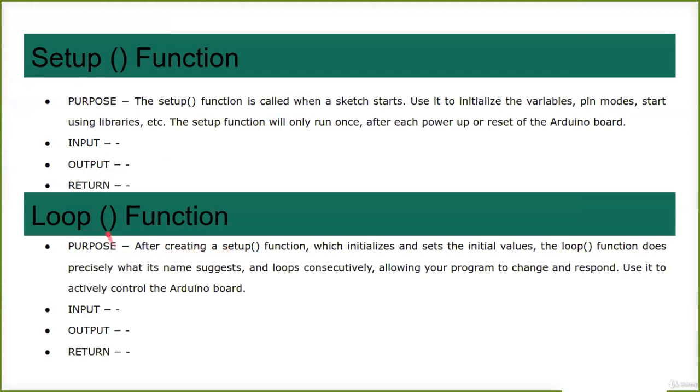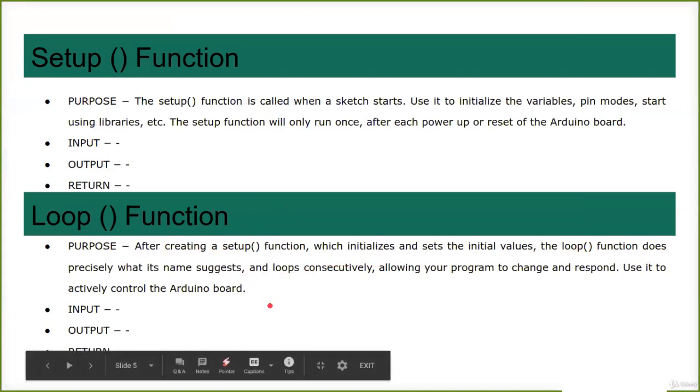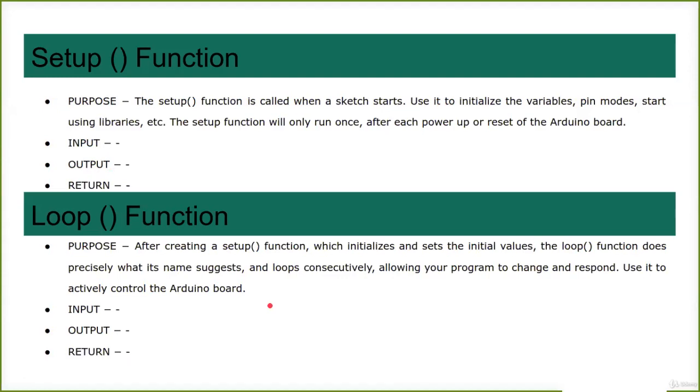The purpose of having a loop function is that after setup executes, it moves on to the loop function, and your main logic is implemented inside loop. So it is continuously repeated multiple times.